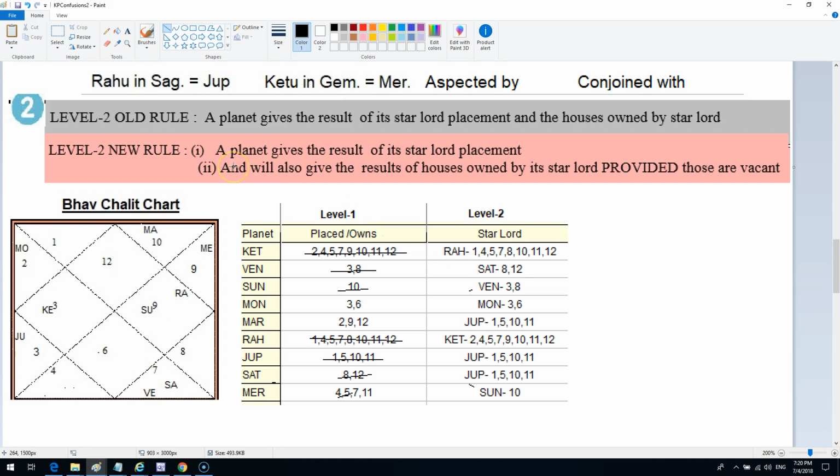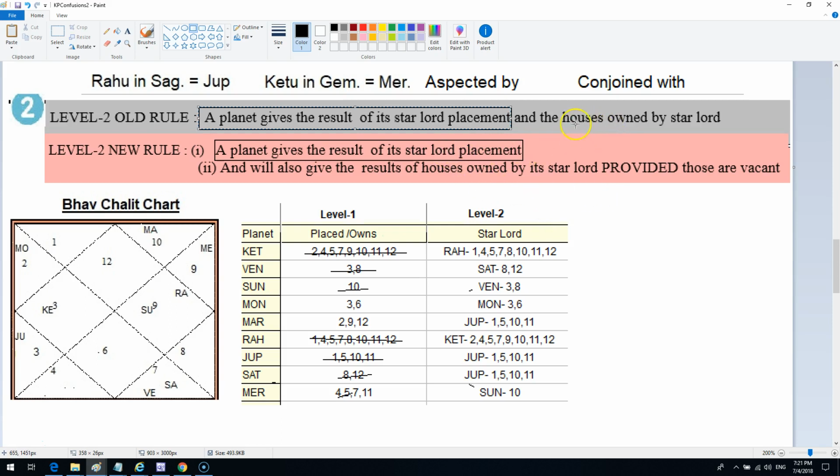But what the new rule says, and if you look at the new rules, this is in two parts. Part 1 of the new Supremo rule and part 1 of the old rule are the same. So they hold good, whether it's the old rule or the new rule.